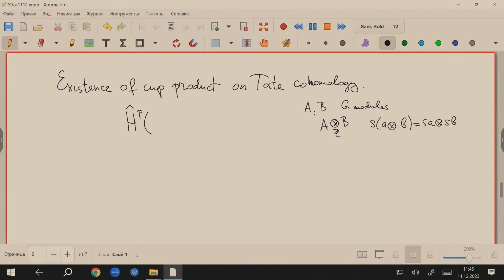And you have the following. You have the map from H^p(G, A) tensor H^q(G, B).